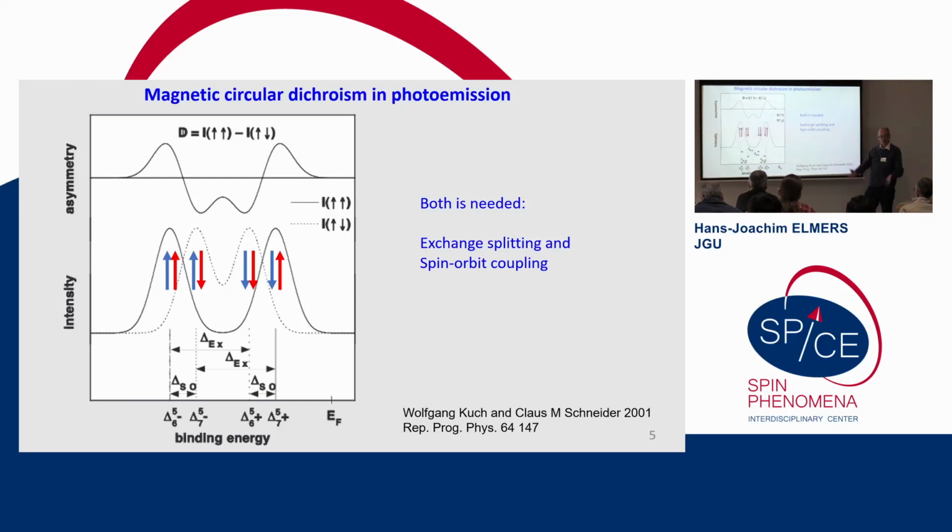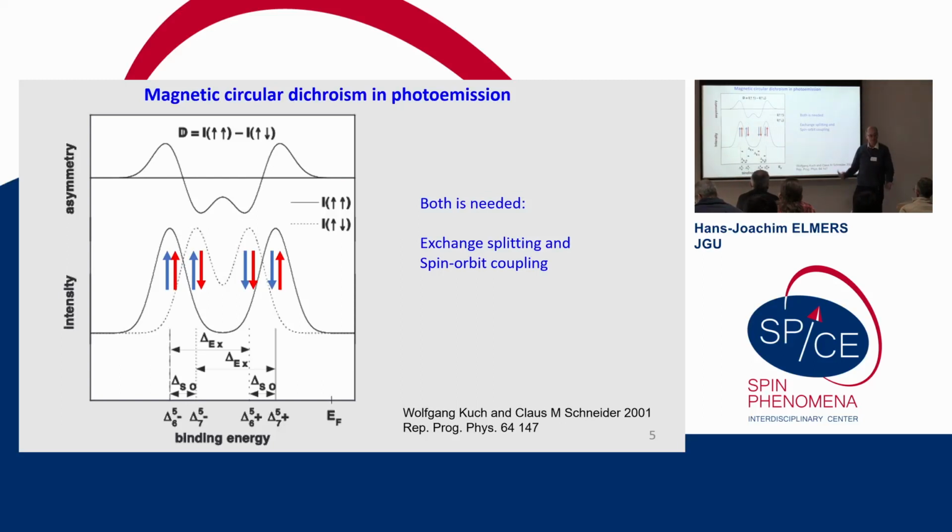Now, if you shine circularly polarized light on it, the circular polarization acts not on the spin, it acts on the angular momentum. That means if you have right circularly polarized light, for example, you will excite states which have a red angular momentum spin-up vector. This occurs here, and this refers to the black line. So you expect intensity as shown by the black line.